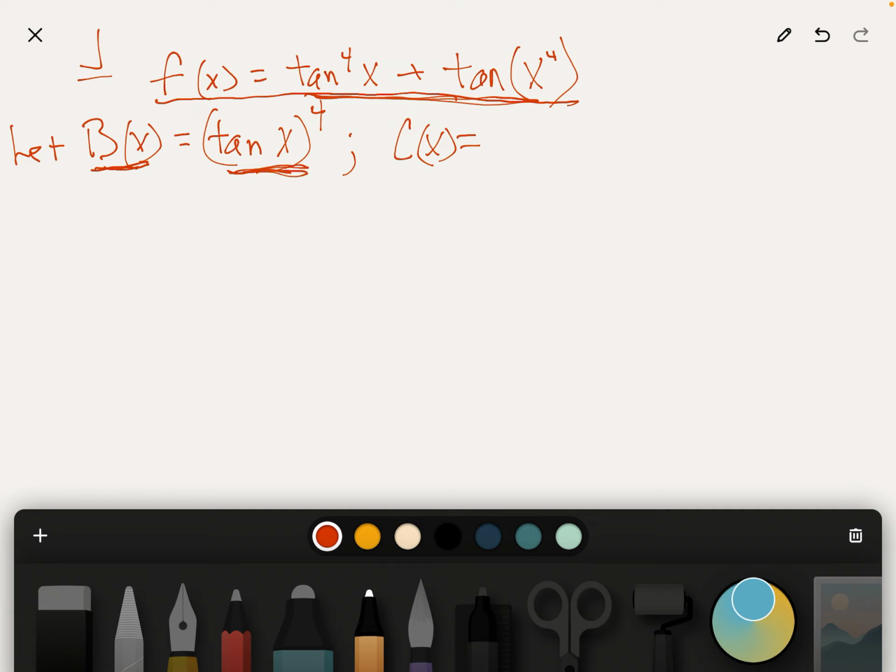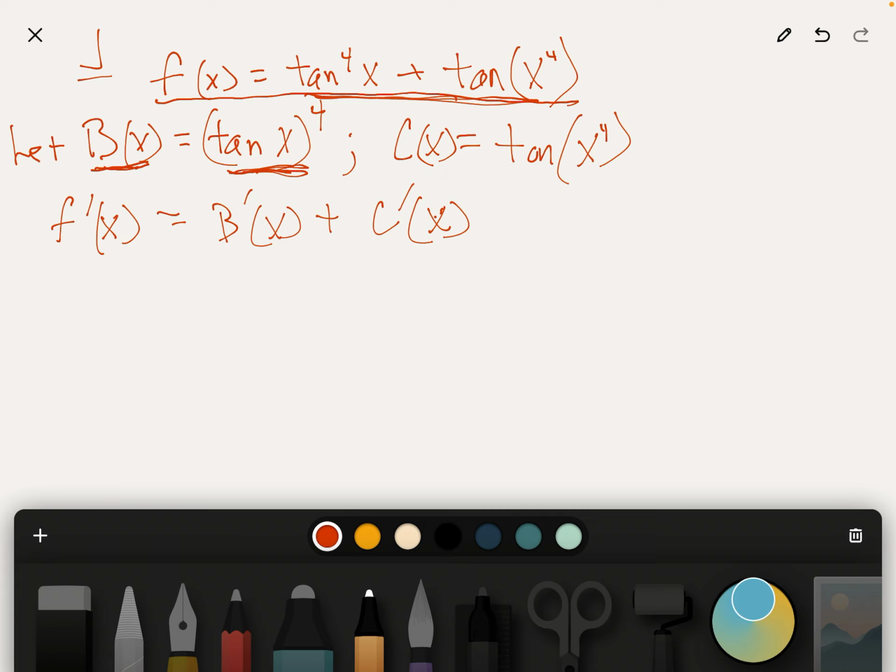And c of x equals tangent of x to the fourth. Okay, fair enough. So our job is to find f prime of x, and that's going to be equal to b prime of x plus c prime of x.